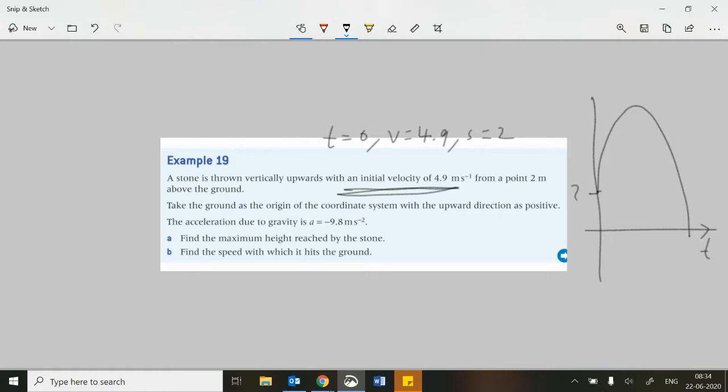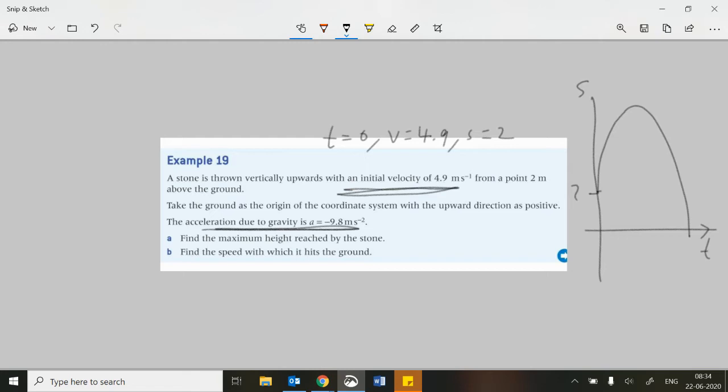Okay, now I don't have a quadratic formula for my displacement time graph. I don't know what that is at the moment. I don't have a formula for my velocity. I do know that my acceleration is fixed. The acceleration is due to gravity.